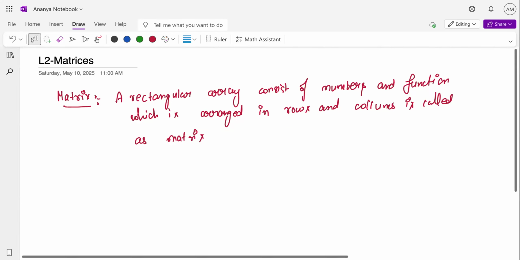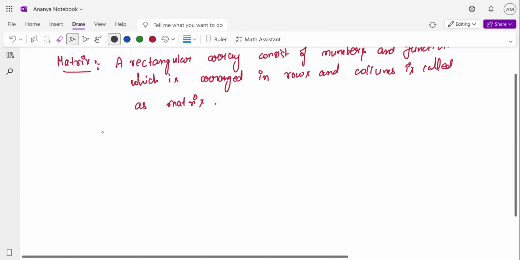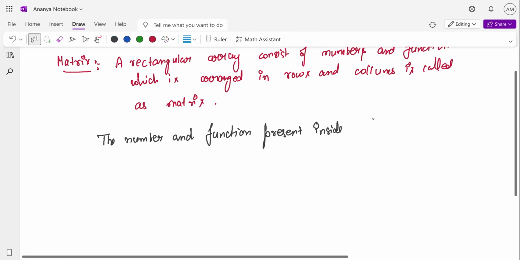Whenever we put some numbers or functions, we call them entries. So the numbers and functions present inside as elements are called entries.